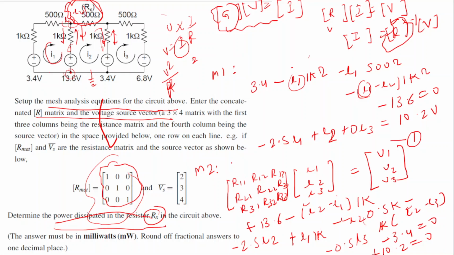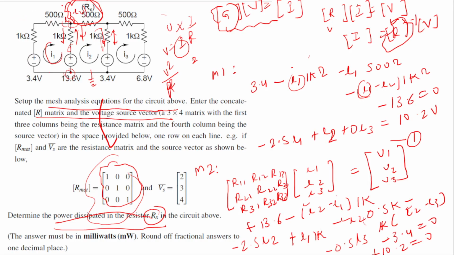Let's move to the next page. Our equation has become minus 2.5 times I2 plus 1 times I1 minus 0.5 times I3 equals minus 10.2.